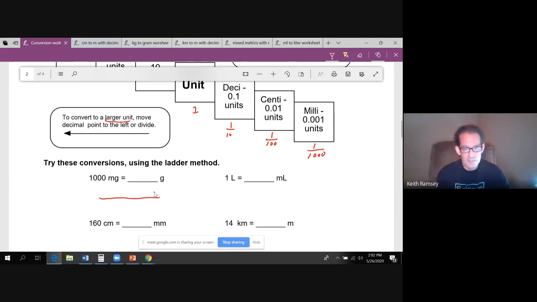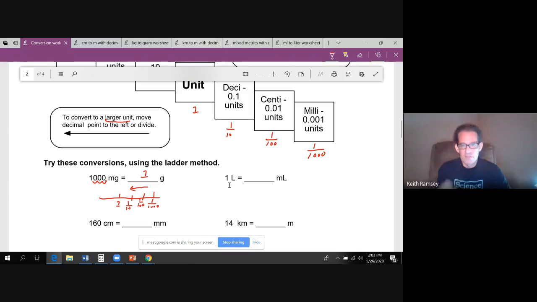So if I'm over here at 1/1,000th milligrams, then I have to move my decimal one space to centa, this is 1/100th, one space to deci, this is 1/10th, to a gram. So if I'm right here, here's my decimal, I have to move it once, twice, 3 times, because I'm going in this direction until I get to 1 gram, okay? So 1,000 milligrams would just be 1 gram, okay?